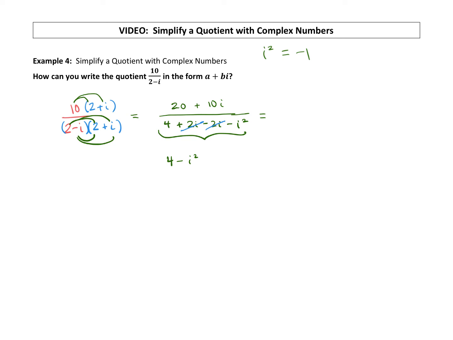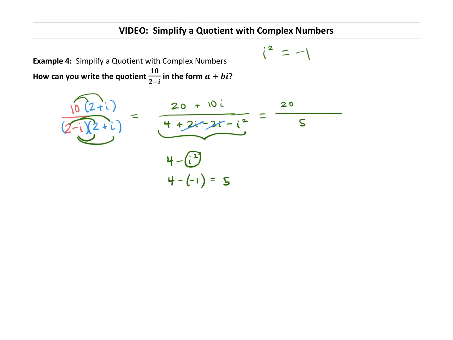So I'm going to replace the i squared with a negative 1. So it's 4 minus negative 1. And that, 4 minus negative 1, results in just a 5. So we multiplied complex conjugates together, and in the end we end up with just a real number. So our denominator is 5.